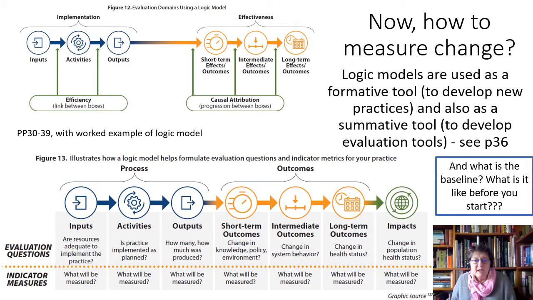Okay, so this is a bigger example, 12 and 13, evaluation domains using the logic model. Having used the logic model to set it up, now we're using the logic model to make sure we measure everything that we want to see. How do we know, for example, what our inputs are?